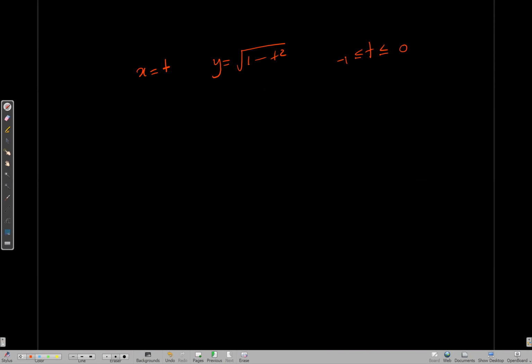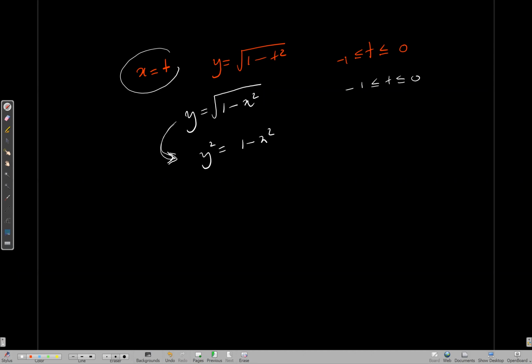Well, x equals t, so it's pretty easy. y is going to be the square root of 1 minus x squared, and t is between -1 and 0. If you can remember, that's a certain shape, but if not, square it: y squared equals 1 minus x squared. So when you take x squared to the left-hand side, x squared plus y squared equals 1. Now this is a circle.